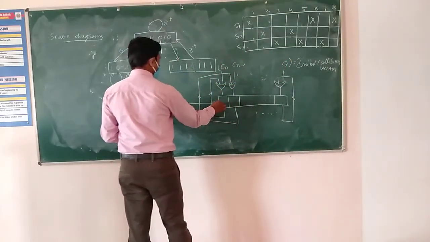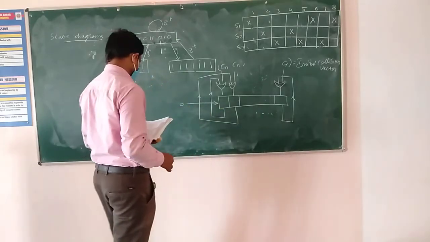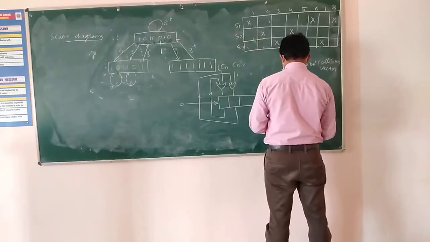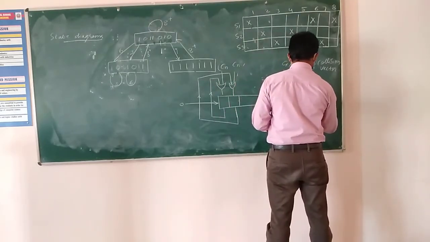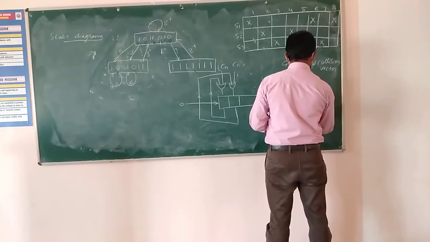And for shifting, 0 enters. And what emerges is 0 or 1. If it is 0, then safe. If it is 1, it is a collision.